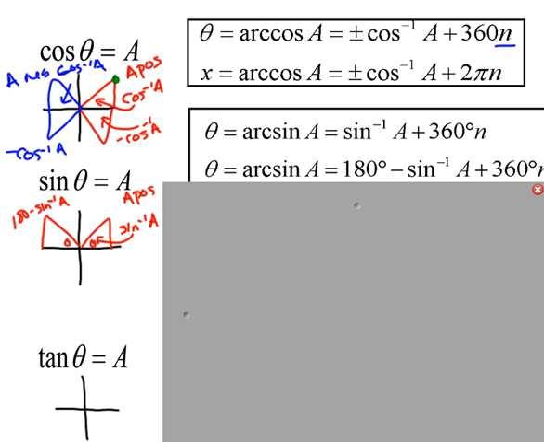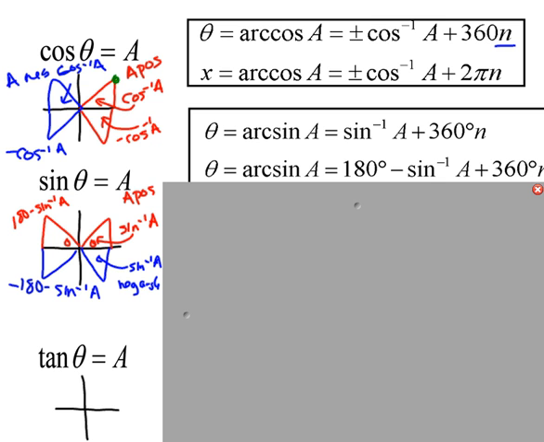180 minus 30. When A is negative, then inverse sine is going to give us this answer. Sine inverse of A is going to be right there. And down here is still 180 minus sine inverse of A, because my sine inverse is going to be a negative angle as well.